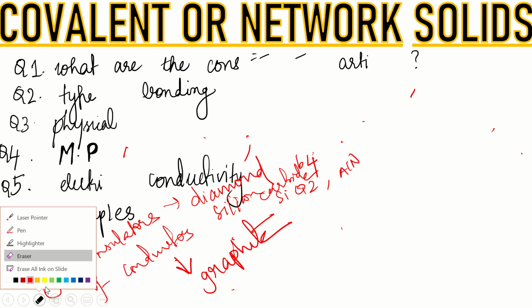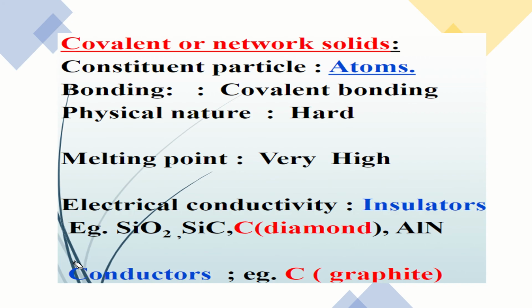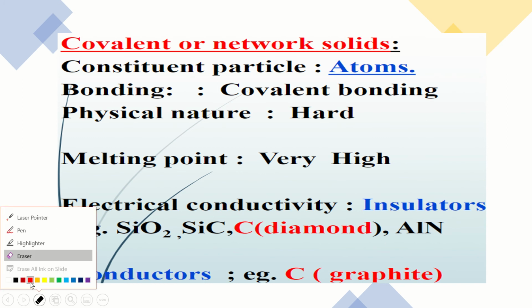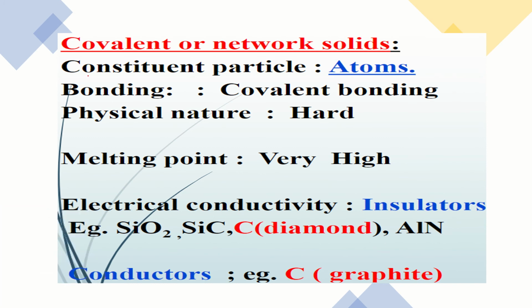So what did we see now? This is what we looked at right now. Covalent or network solids. Constituent particles are atoms. Bonding is covalent. Physical nature is hard and brittle.